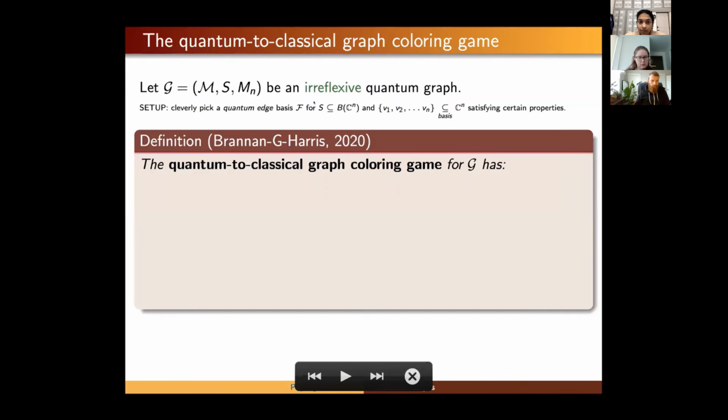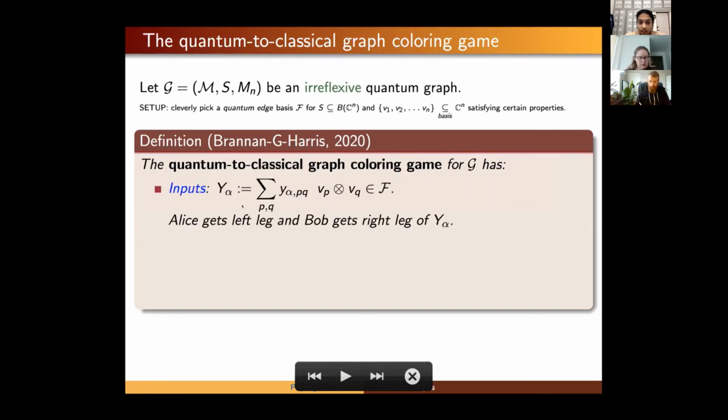The setup is an irreflexive quantum graph, and you pick a suitable basis for the operator system and the vertex set, and then define the inputs of the game to be elements from the suitably chosen basis for the operator system. The referee sends the left leg of this tensor product to Alice and the right leg of the tensor product to Bob.